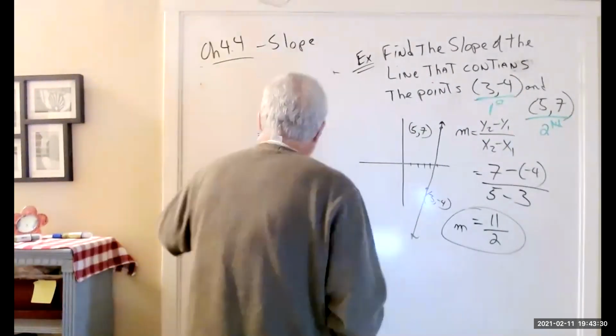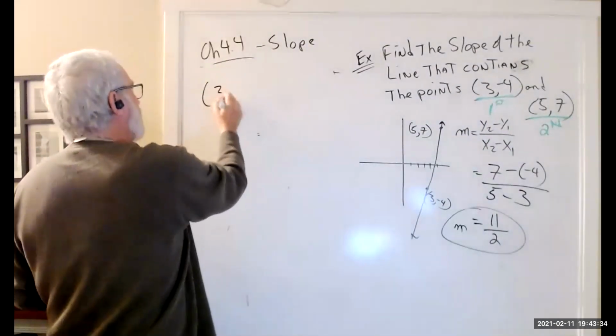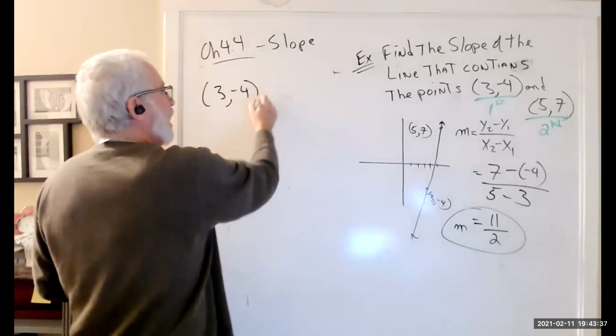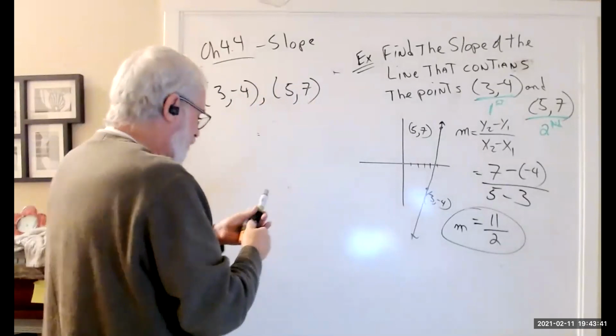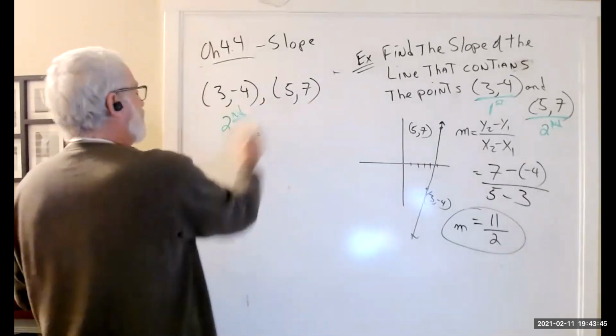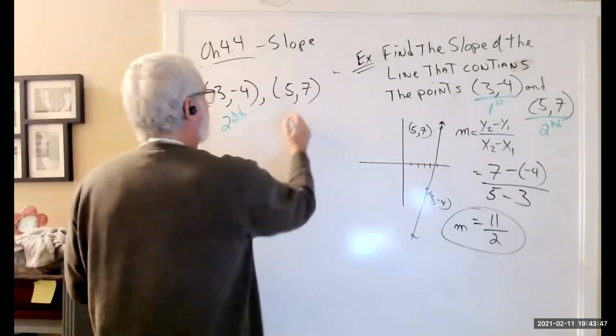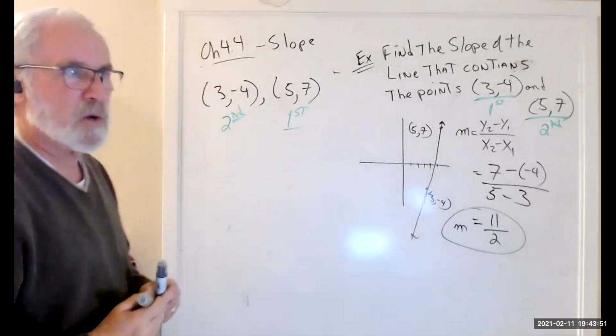What if I got dyslexic up here? Okay, and I have the points 3, -4, and 5, 7, same points. But what if I just decided this is going to be my second point, and this is going to be my first point? Just because I want to be weird.